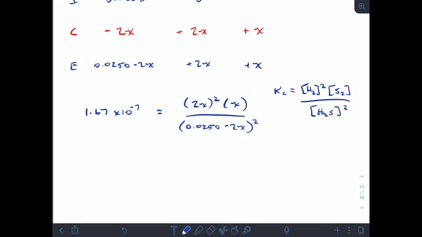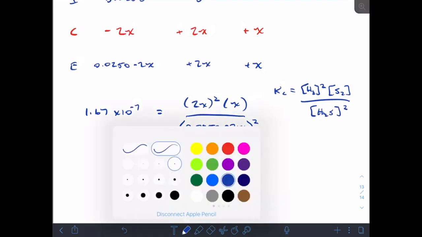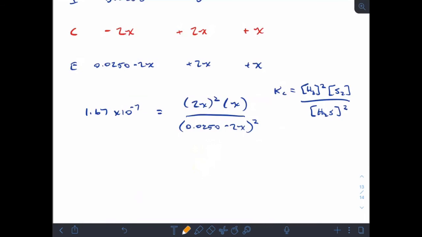So here's where we want to look. Can I do an approximation? My initial concentration of H2S is the 0.025. Compare the initial concentration to K. We have a greater than 10 to the 4 difference.